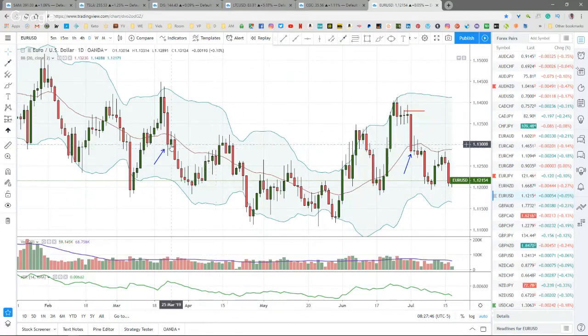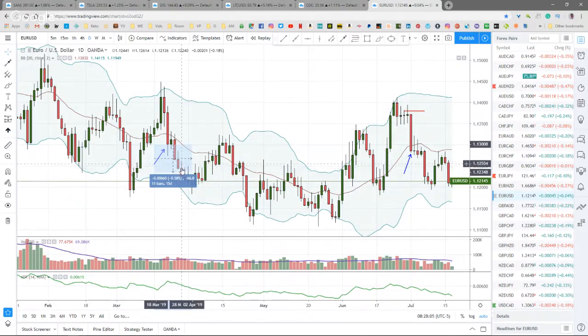If, again, I were trading it my way, the ATR is 66 right here. So I would be looking for a 66 pip first target, which is right here-ish. So I would have hit my target on this candle right here, and the remainder would be riding at break even.